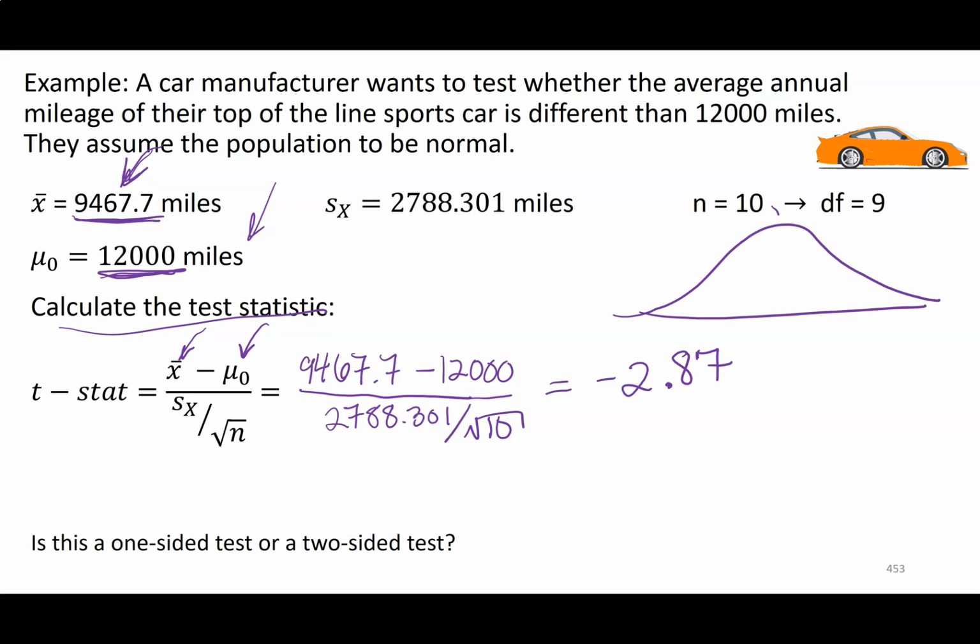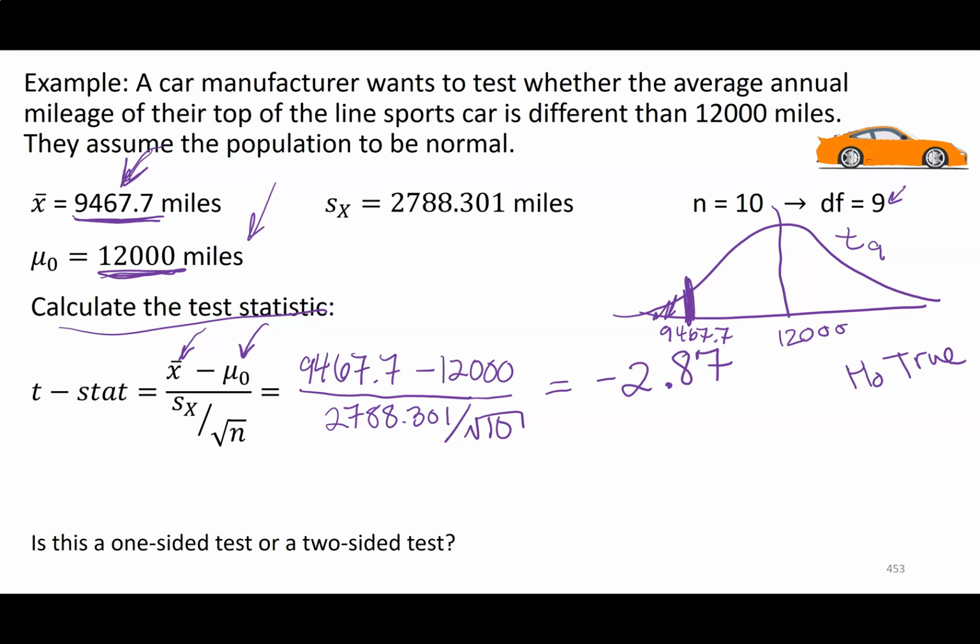So if I were to draw this out, this is specifically a T9 distribution because of my degrees of freedom. 12,000, I'm assuming the null is true, so we're centered at 12,000, and what we saw was 9,467.7.